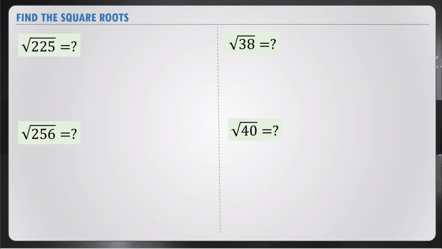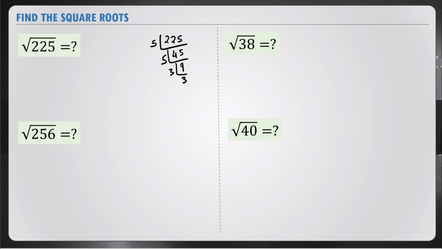Here we have our number 225. The best way to find the square root of a number is to get its factors. Let's get the factors of 225, the prime factors. First of all, I see 5, which goes here 45 times, and 5 again goes here 9 times, and 3 and 3. Always try to get the prime factors.